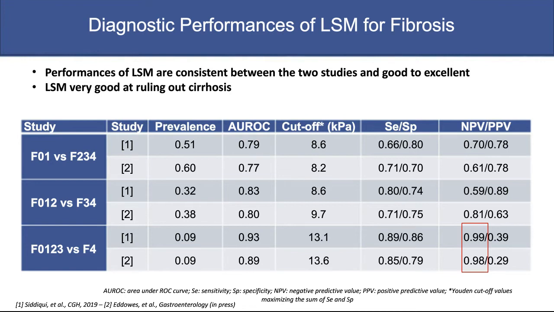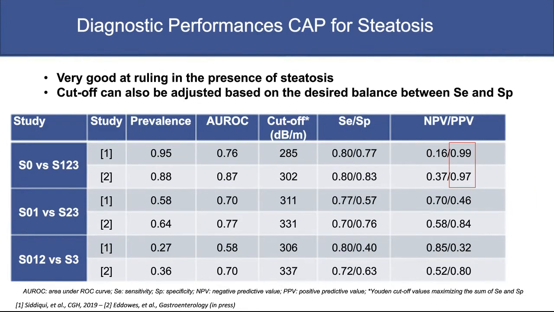So liver stiffness is measured by kilopascal. Hepatic steatosis is measured by CAP, which is another way of assessing hepatic steatosis with transient elastography. And again, CAP is very good to rule in presence of hepatic steatosis.